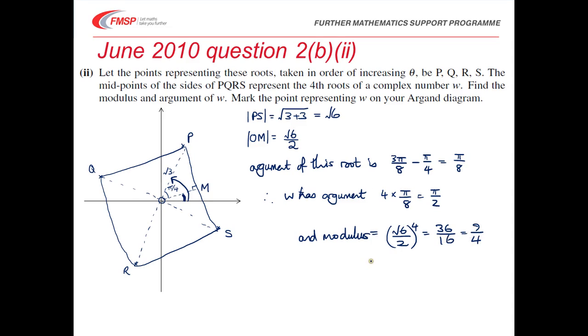So W has argument pi/2, so it's on the imaginary axis, and modulus 9/4, so W is going to be up there somewhere.